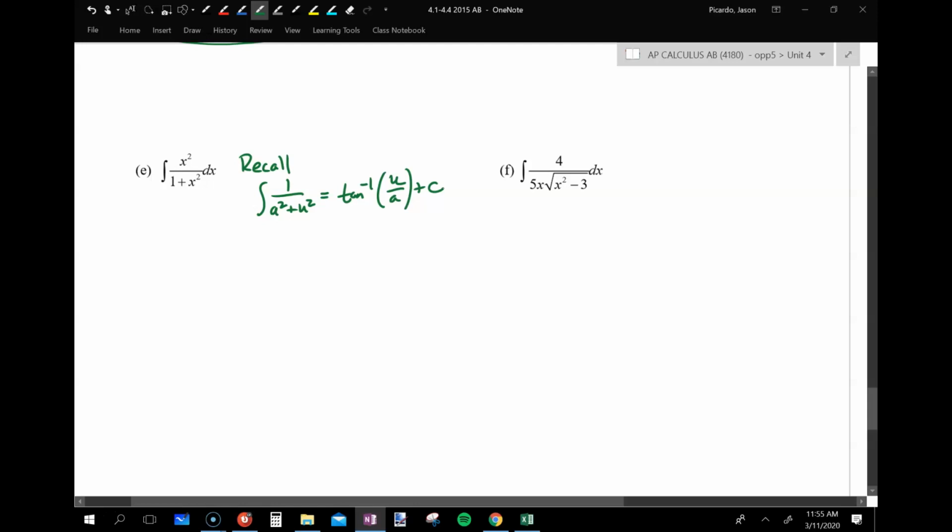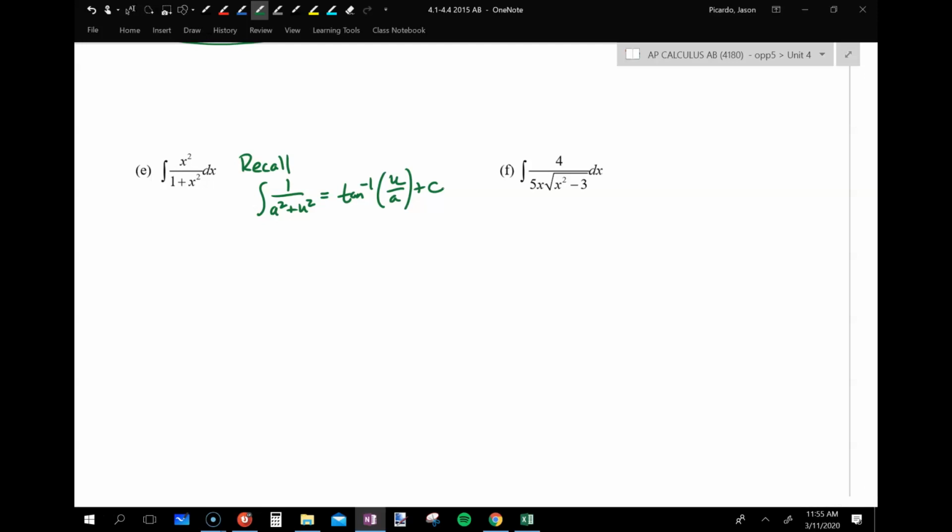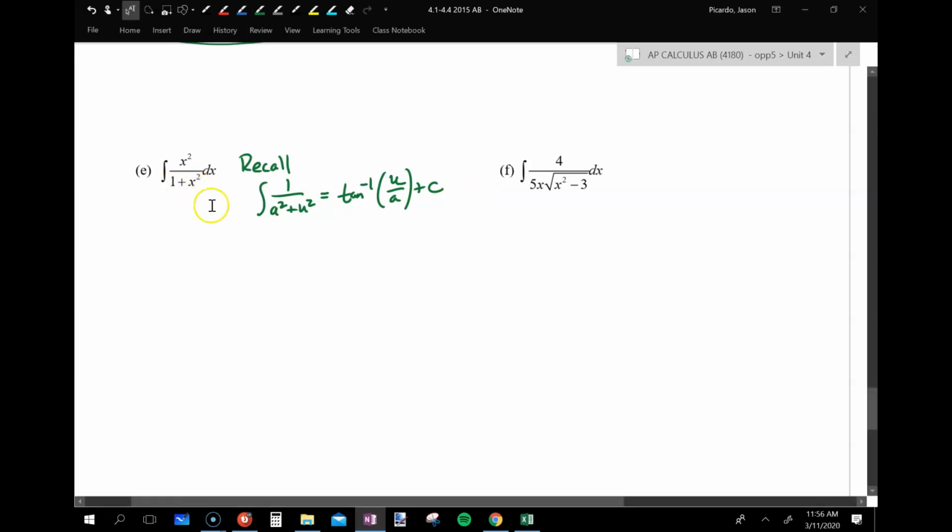Without this one, we get stuck. Now, here's the deal. Where do we get stuck? Do we get stuck right now? Oh, a little bit, because the bottom fits the bill, but the top doesn't. So it's not a U sub problem, is it? At least not in the traditional sense.